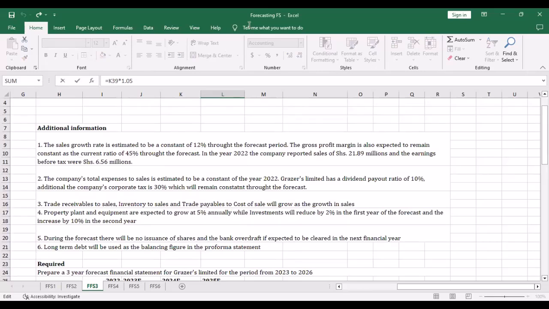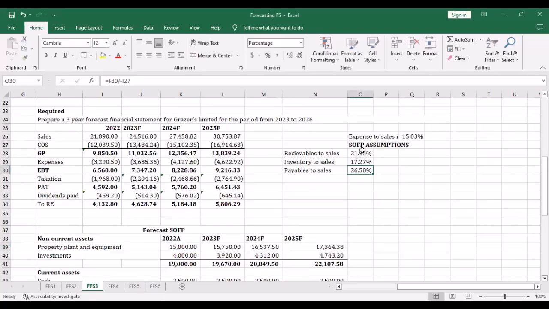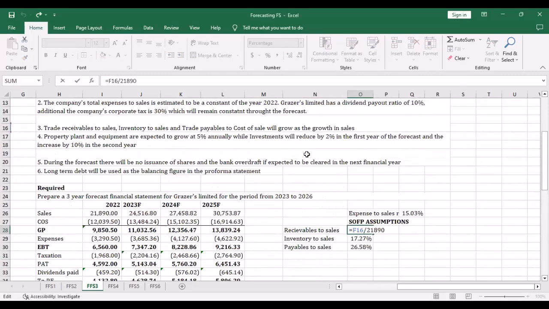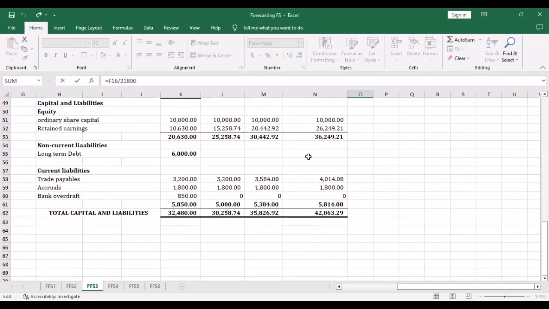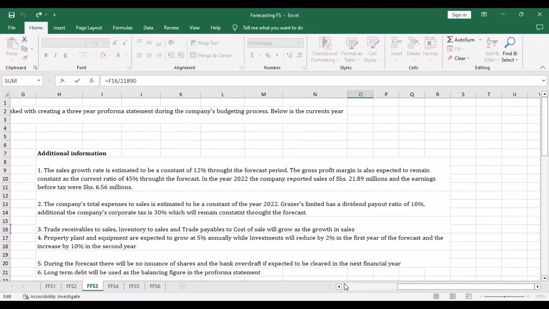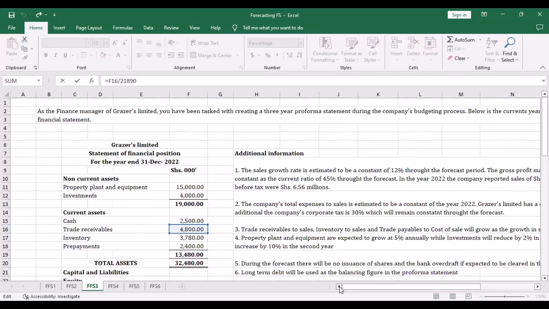I'm not getting that trade receivables to sales. Okay, I used PPE here. Where is the F16? I used trade receivables to sales. I don't know why the error is coming.